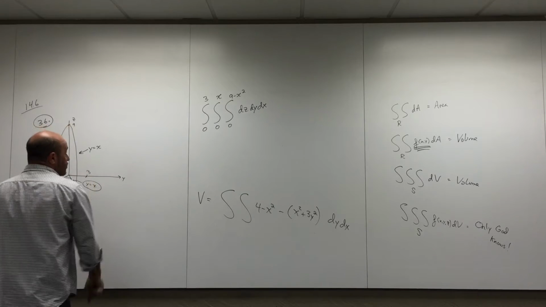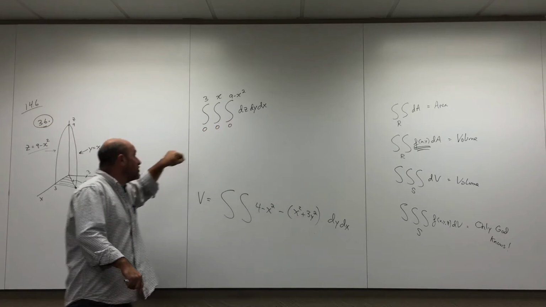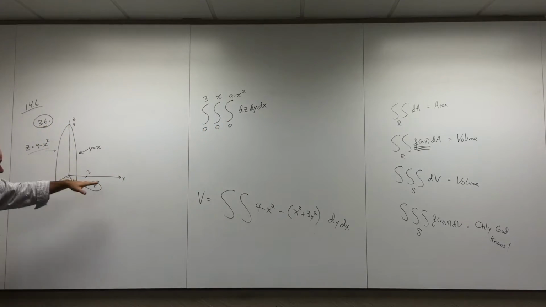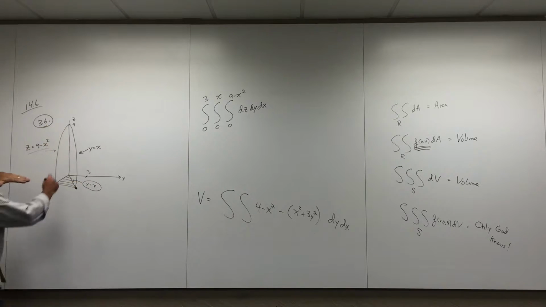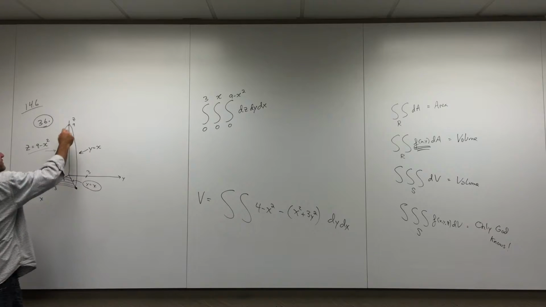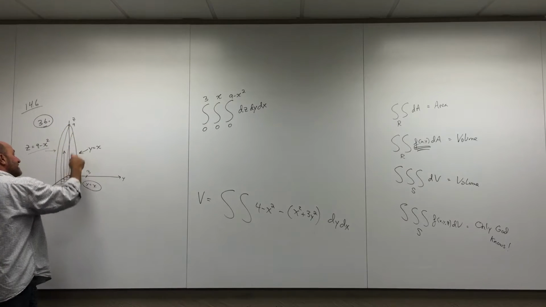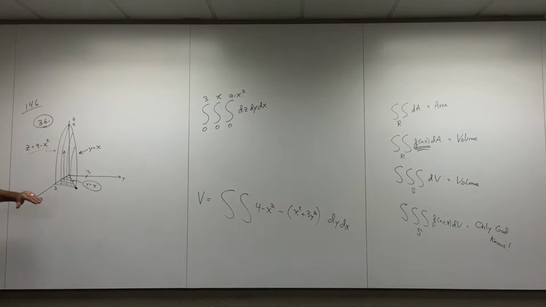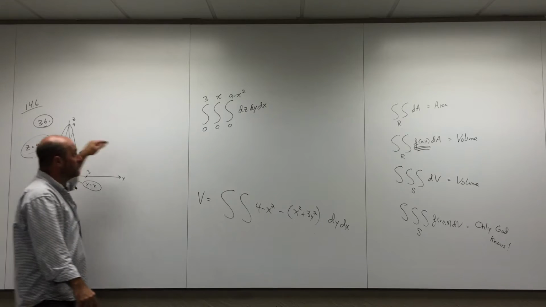If I look at this picture and let z go first, I think z would go from z equals 0 to, boom, this surface. This surface is coming down at me here. Boy, the picture gets cluttered. This thing's my ceiling. So from 0 to the ceiling, from the floor to the ceiling.